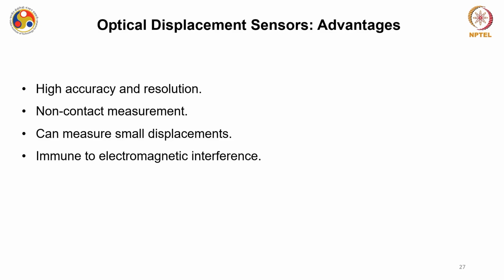These devices can measure very small displacements. We have seen that Fabry-Perot interferometers can even measure a small thermal expansion, which means they can measure very small displacements with very high accuracy.